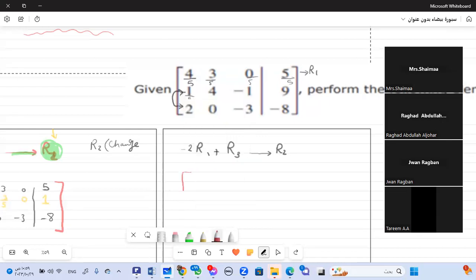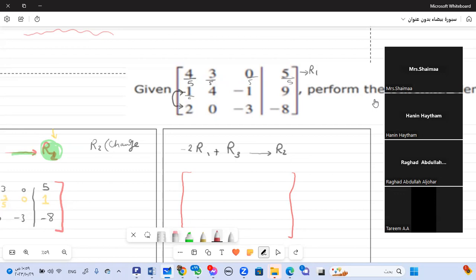What is the row that will be changed and what is the row that will be kept as it is? The first row, does it change or keep as it is? It keeps as it is.